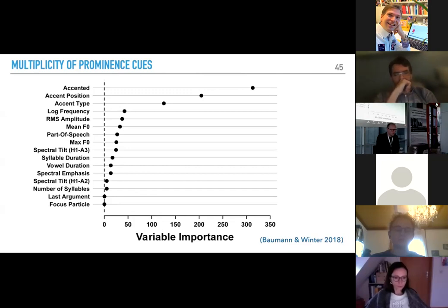We found that the discrete prosodic variables, including pitch accent type and position, are the strongest determinants of prominence, but gradient prosodic and also non-prosodic cues, for example, word frequency, play a role to some extent as well.